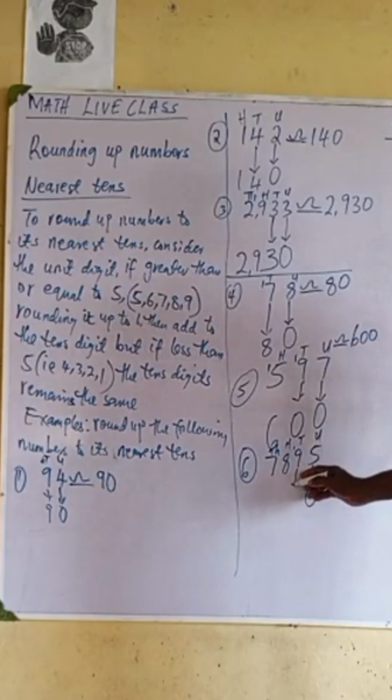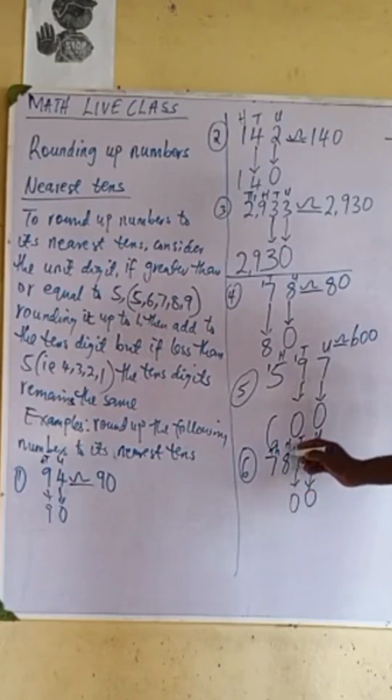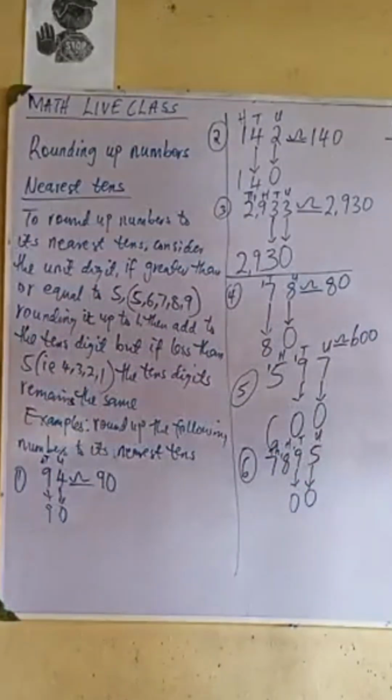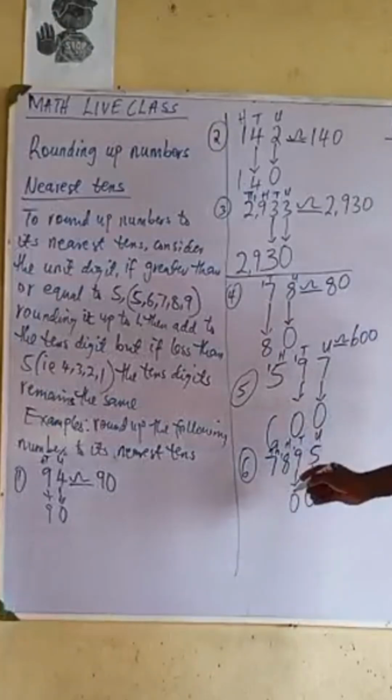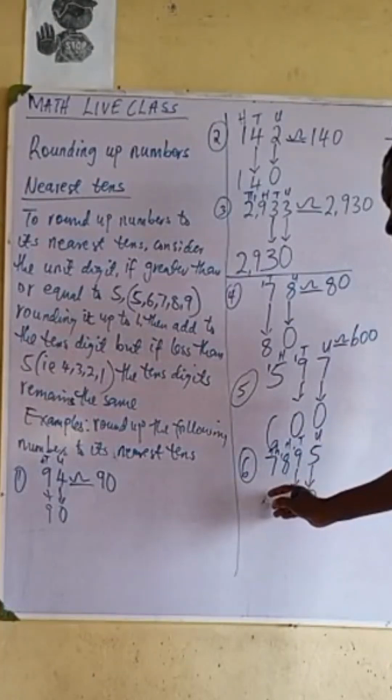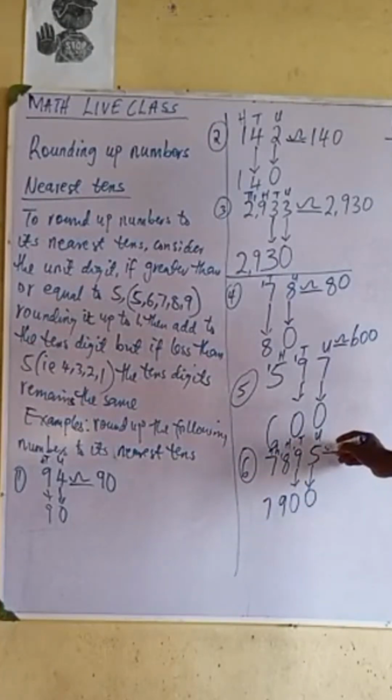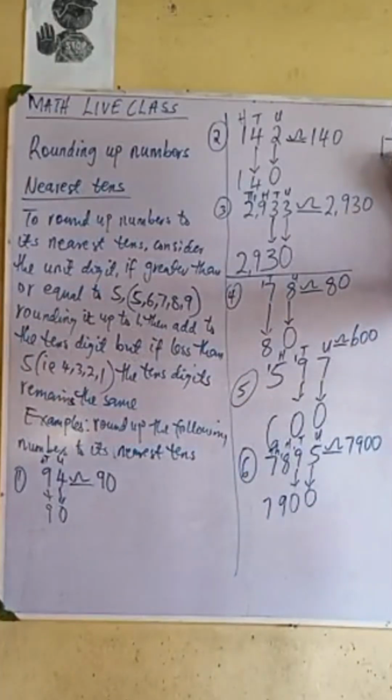Then when you add it, 1 plus 9 is 10, write 0, carry 1. 1 plus 8 gives us 9. Then you bring down this. So we have here 7,900.